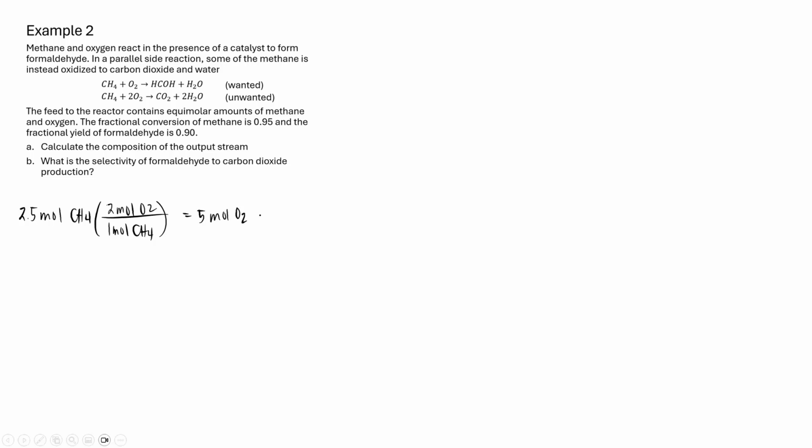So from the first reaction, I have 45 moles O2 used up. And then in this reaction, I have 5 moles of O2 used. So in total, I used 50 moles of O2. So how many is exiting? So that's 50 moles of O2 entering minus 50 moles of O2 exiting, I have 0 moles O2.